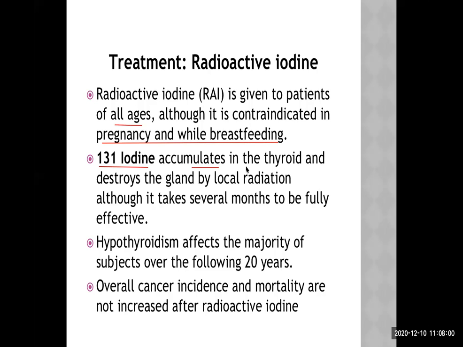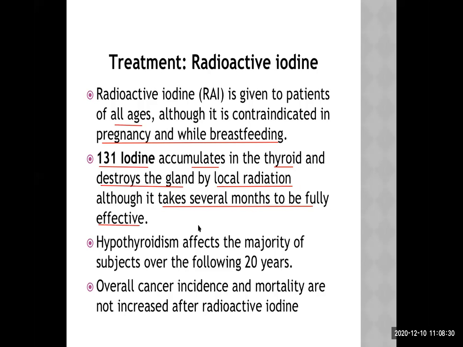It accumulates in the thyroid gland and destroys it by local radiation, although it takes several months to be fully effective. It is an excellent type of therapy, but remember one thing, it permanently destroys the thyroid gland by the radiation effect, and it takes several months to be fully effective.